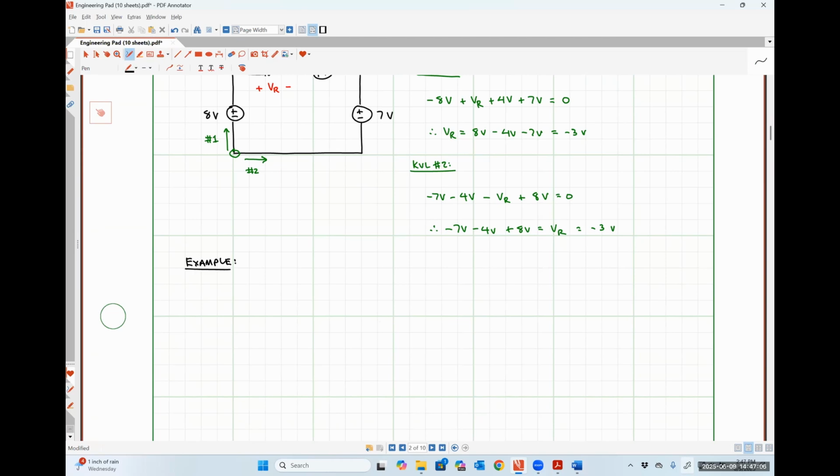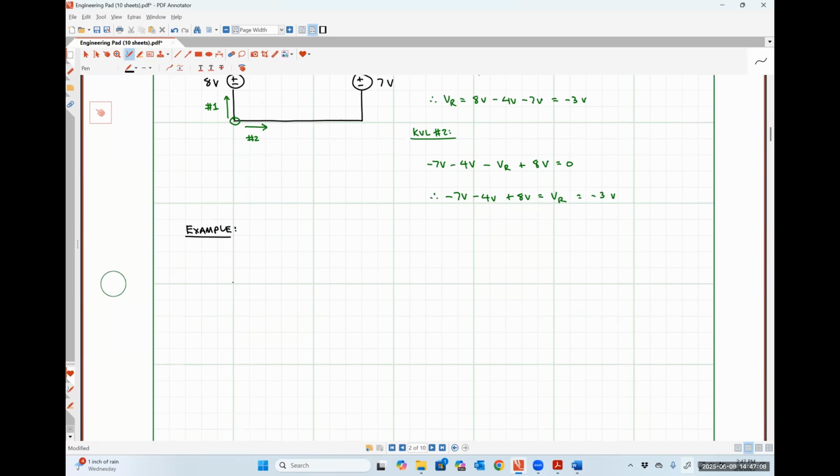So here's the circuit that we're going to analyze. Like I said, it's going to be a bit more complicated. Here we have a 13-volt source.